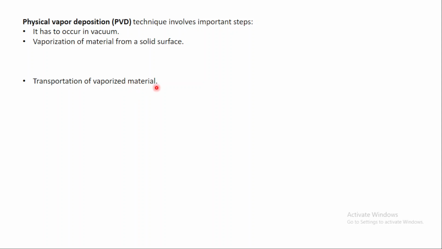Then transportation of vaporized material is conducted through the plasma. When the plasma collects the vaporized material from the solid surface, it will saturate and transport the vaporized material onto the substrate. The material will move through the plasma and then deposit as a thin film on the substrate.